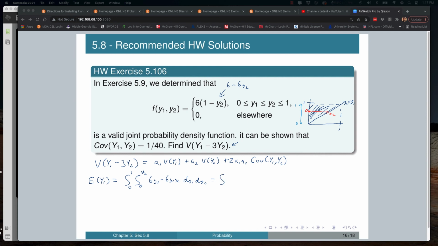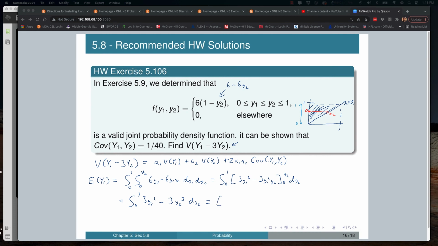All right, and that's going to quickly become 0 to 1. And my integral for each one, integrating with respect to y sub 1, becomes 3y sub 1 squared minus 3y sub 1 squared y sub 2 from 0 to y sub 2 dy sub 2, which neatly cleans up to the integral from 0 to 1 of 3y sub 2 squared, when I plug in the y sub 2 value for y sub 1, minus 3y sub 2 cubed dy sub 2.